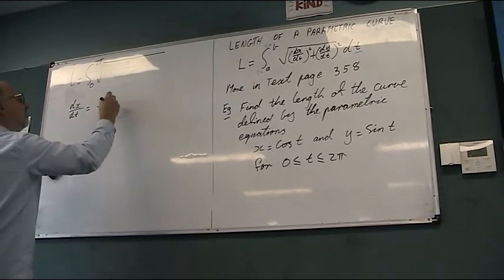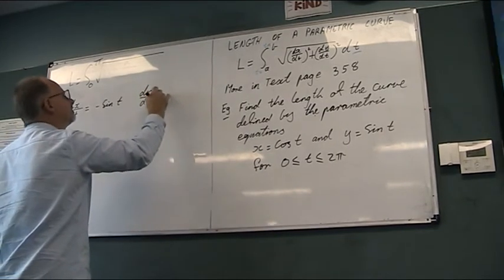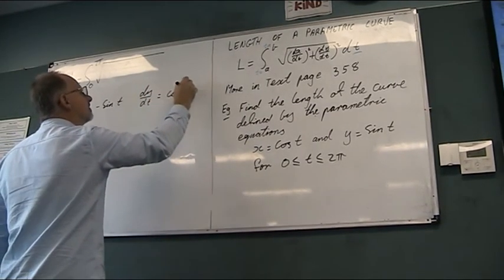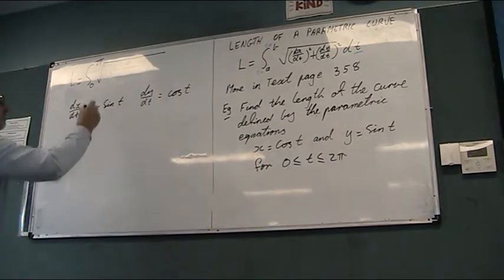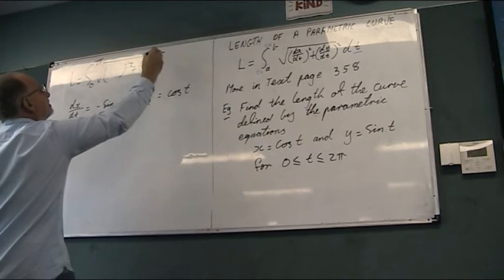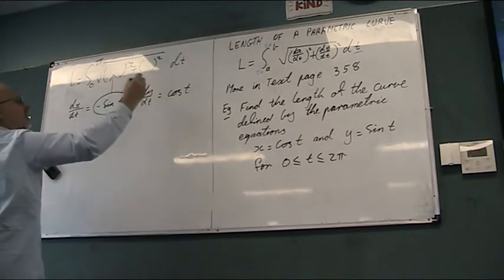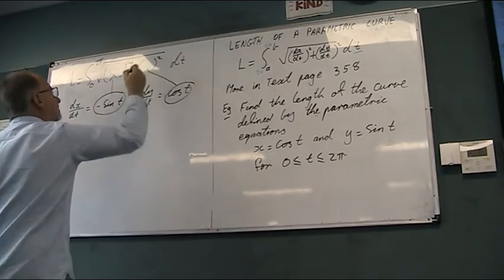Negative sine t, and dy/dt, cos t. So put that one in there, put that one in there.